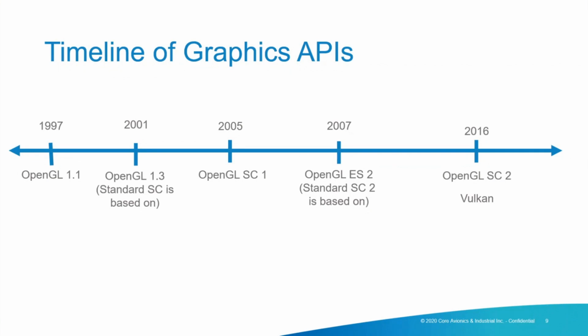If we continue, we can also see OpenGL ES2, which is the standard OpenGL SC2 is based on, was released in 2007. And then in 2016, the OpenGL SC2 standard was ratified, and the Vulkan standard was also ratified then. So from that, we can see that OpenGL SC2 is making assumptions based on how GPUs worked in 2007, and Vulkan is now making assumptions based on how GPUs function from 2016 onward.